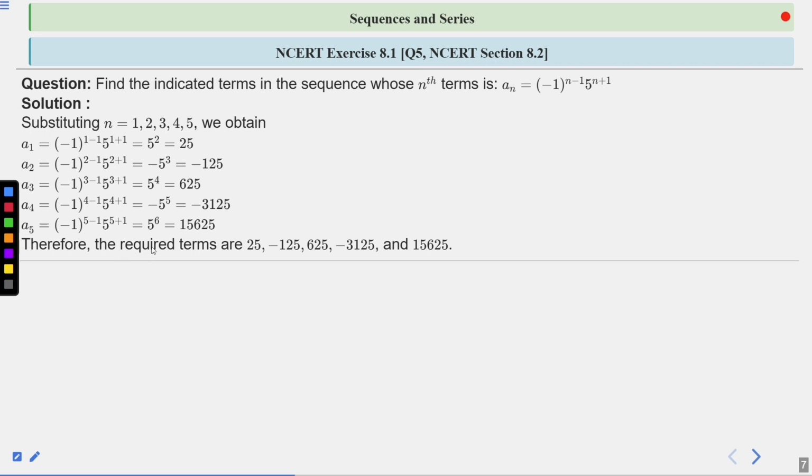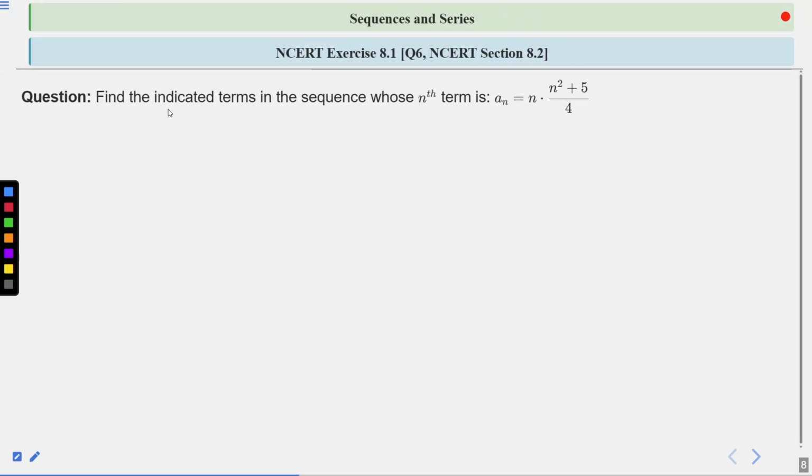Therefore, the required terms are 25, minus 125, 625, minus 3125 and 15,625. Simple. I hope the explanation is clear. Moving to next.